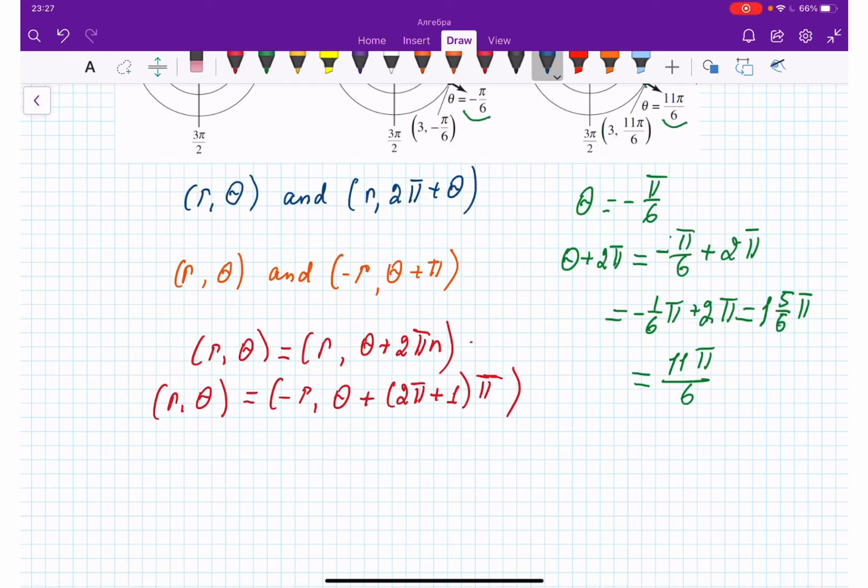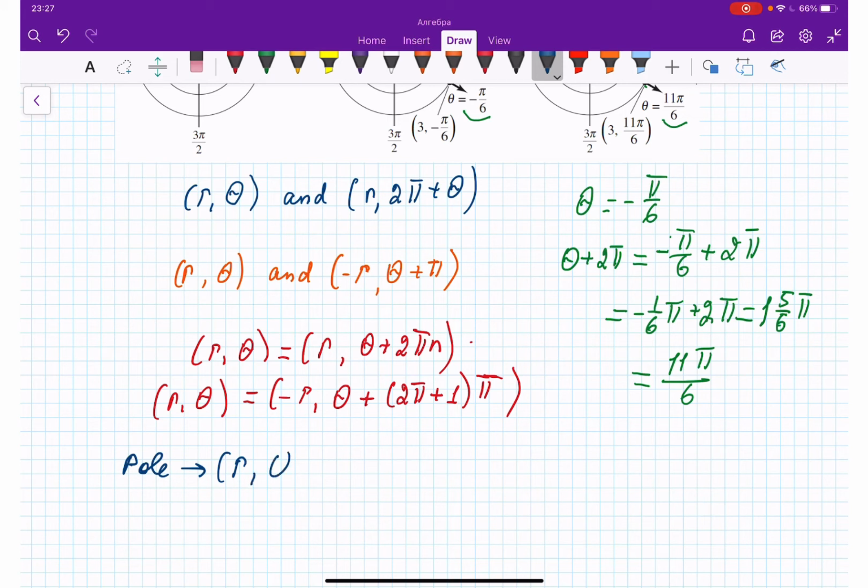And how can we address the pole itself, which is the center, right? So we are going to address the pole again just like any other object in the polar system of coordinates.